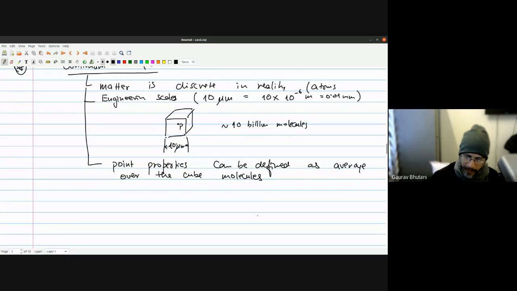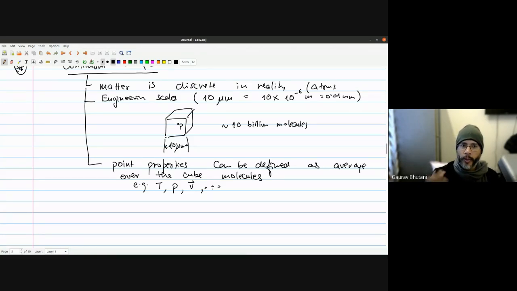So these properties could be temperature. So I could average the temperature of those 10 billion molecules. Pressure, average the pressure of those 10 billion molecules. Velocity, again find the instantaneous velocity of each and every molecule, and then average it for the 10 billion molecules, and so on. So now theoretically our space has become continuous.